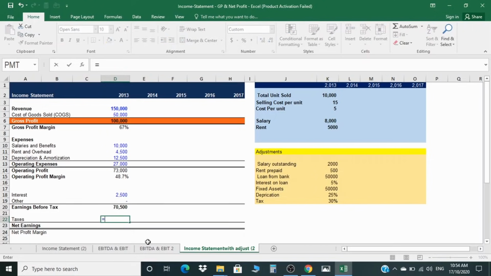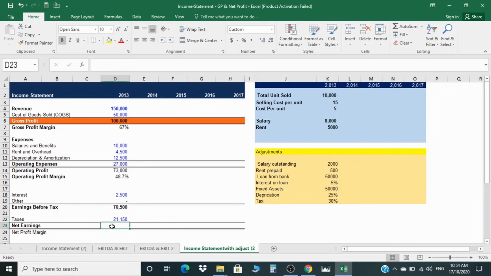Tax is always calculated on the earning before tax. At 30%, this is your tax, 21,150.